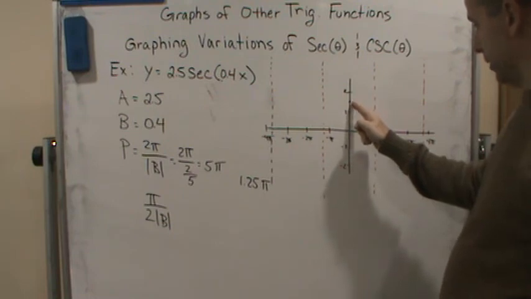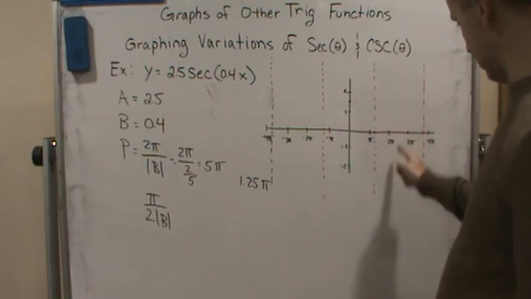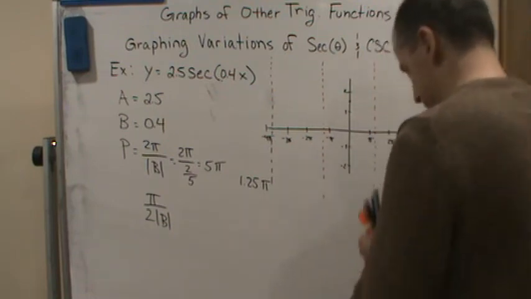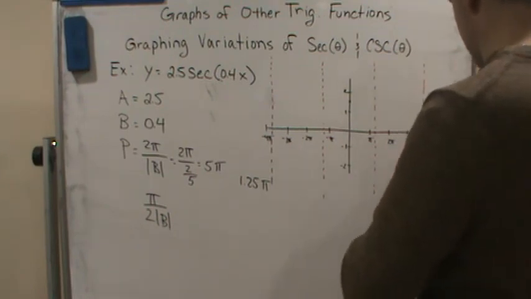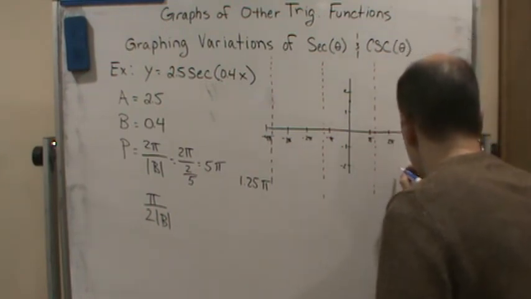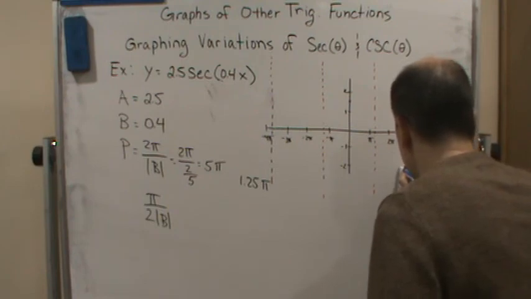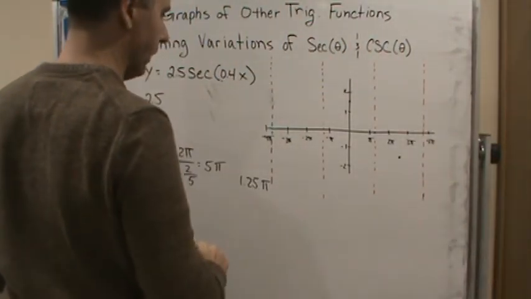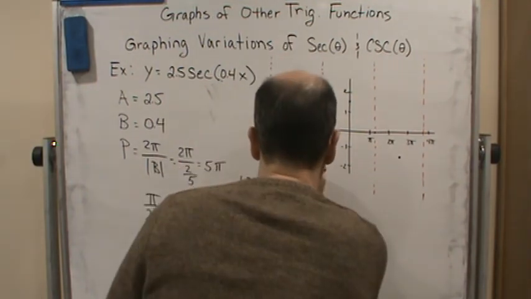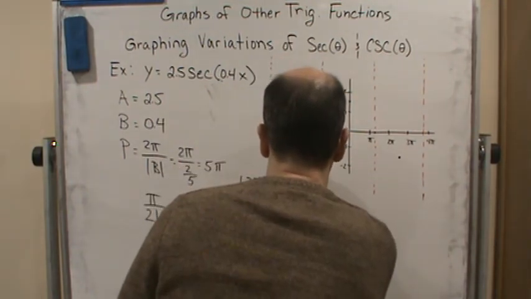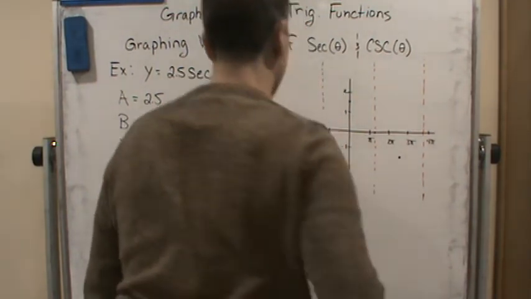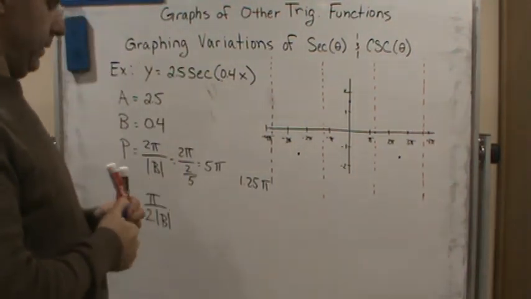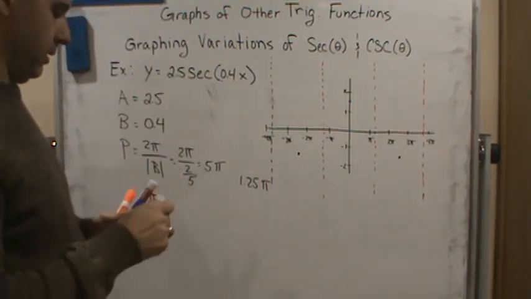There's a maximum here, and then there's going to be one right in between, in the middle. That's going to be at 2.5 pi, here. And the other one is going to be there.